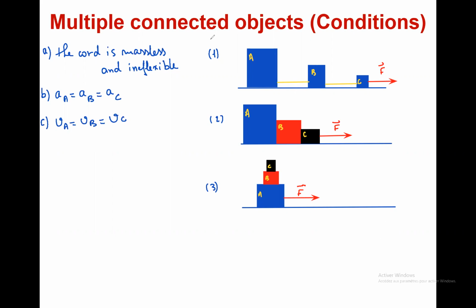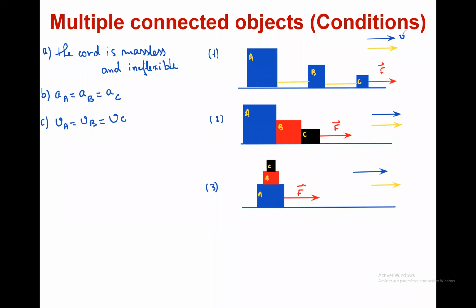So in these cases, the acceleration must be to the right. And also the velocity is to the right because we have an increase in the velocity.